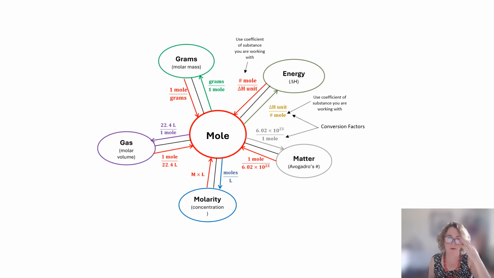We've talked about Avogadro's number and how to go back and forth between moles and number of particles. So now where we're going to focus our attention is right here on energy, and how we go from energy to moles, or if we know the moles, how we go from moles to energy.